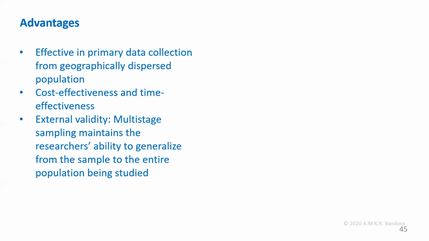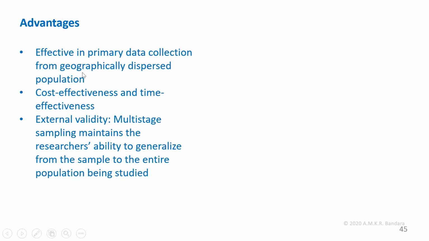The advantage of this multi-stage sampling method is that it is effective in primary data collection from a large geographical area. As I told, if we want to cover the entire Sri Lanka, then this method is very useful. If we choose simple random sampling, it will be very difficult.